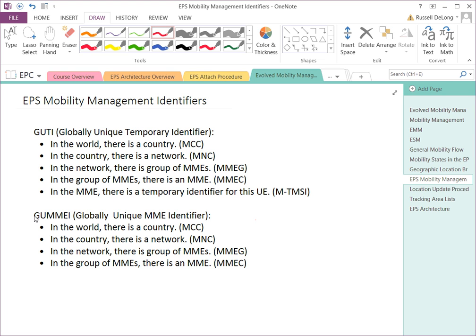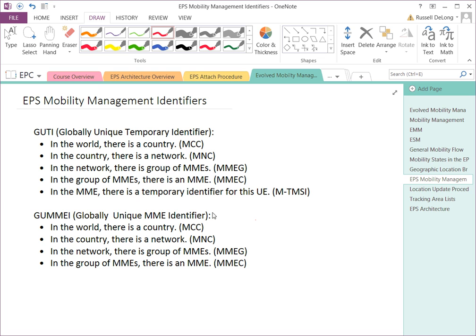The GUMMEI is a unique identifier, a static identifier really, for an MME. So it's really just, if you saw here, it's the same breakdown: MME code, MME group, MNC, MCC. The idea of these two is that you can send a GUTI from any UE and have it be unique for that UE from any other UE anywhere in the world in any LTE network.